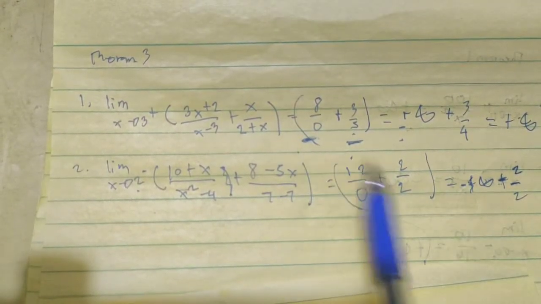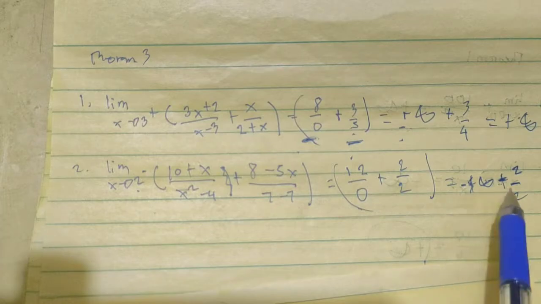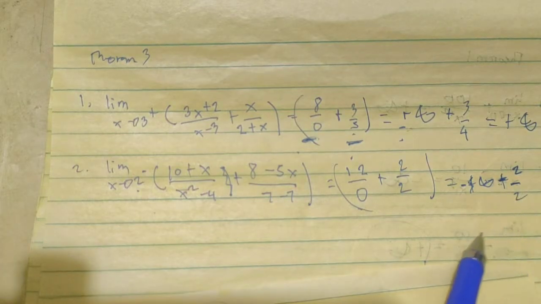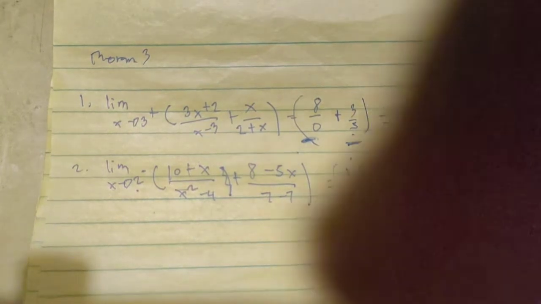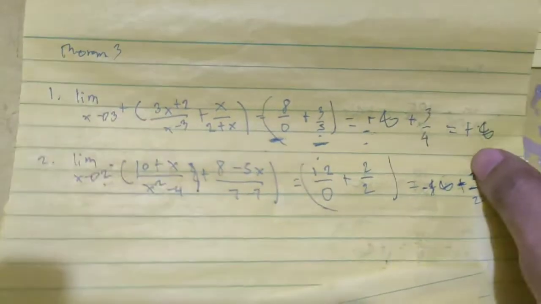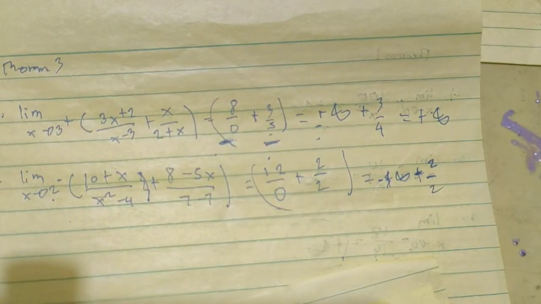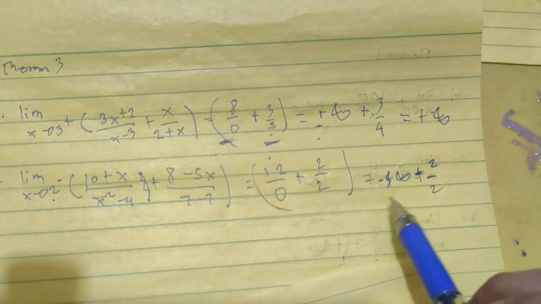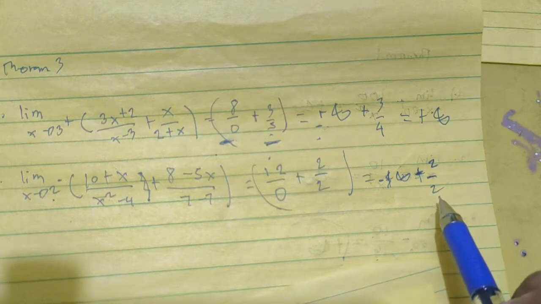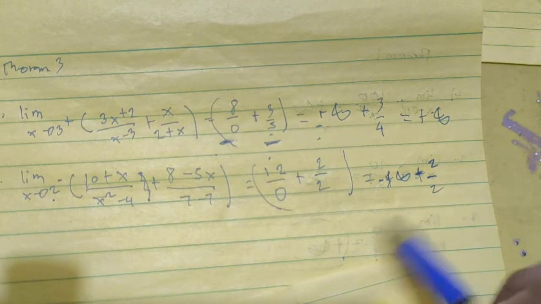Now, negative infinity minus negative 2/2. What should be the answer, negative or positive? This is just basic adding and subtracting of negative and positive signs. So what is the answer of negative infinity minus 2/2?